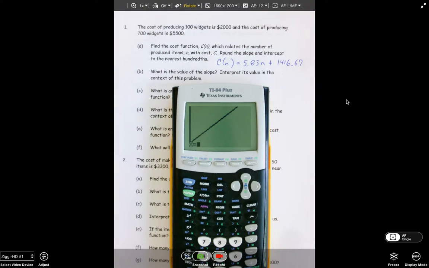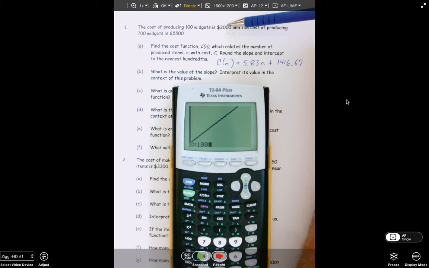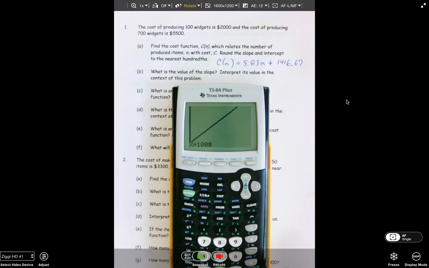So when I put in 100 there, within accepted rounding errors, I should get something very close to what? Well, when x is 100, the cost is 2,000. So I should get something very, very close to 2,000, and you see I do.